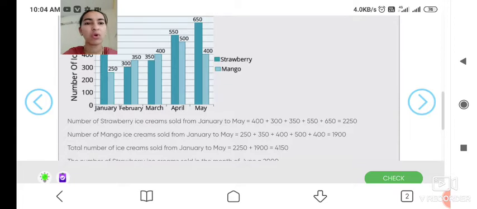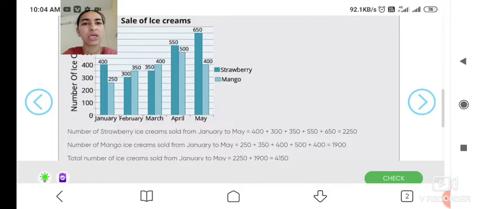Now the number of strawberry ice creams sold from January to May. How much in January? 400. Then in February 300, in March 350, then in the next 550 plus 650, the addition is 2250. And the number of mango ice creams sold from January to May.